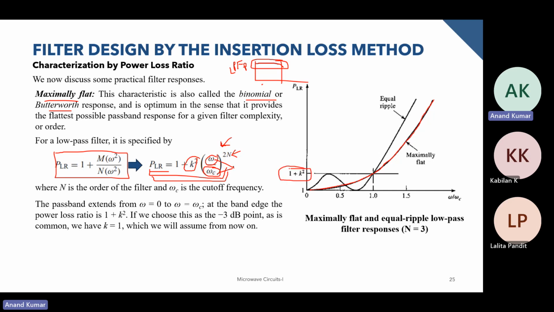So based on the fraction of power we want at the cutoff frequency, we can determine the value of k, and based on the order of our filter we can determine n, and we must know the cutoff frequency for the filter design. So with the insertion loss at the cutoff frequency, the cutoff frequency and the order of the filter, we can completely determine this expression.